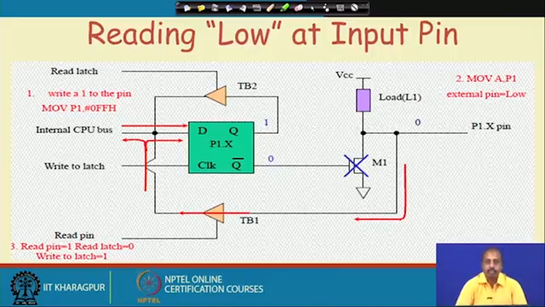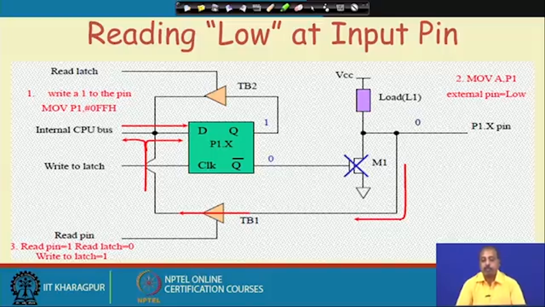And if you are connecting only a single line, then you set that bit to 1. So for reading input from the port, we have to be a bit careful.